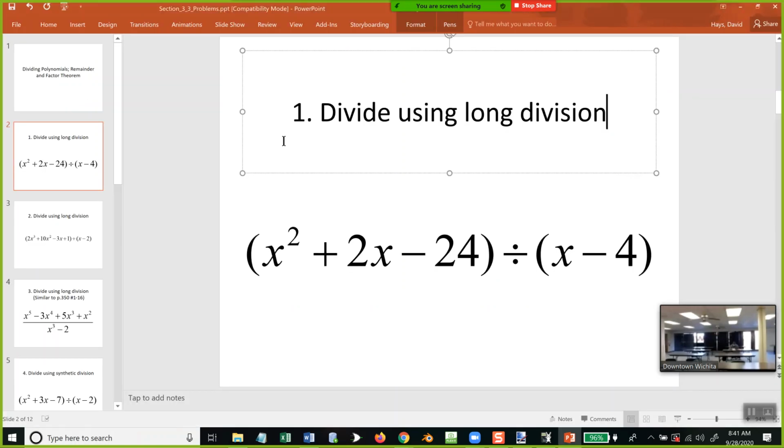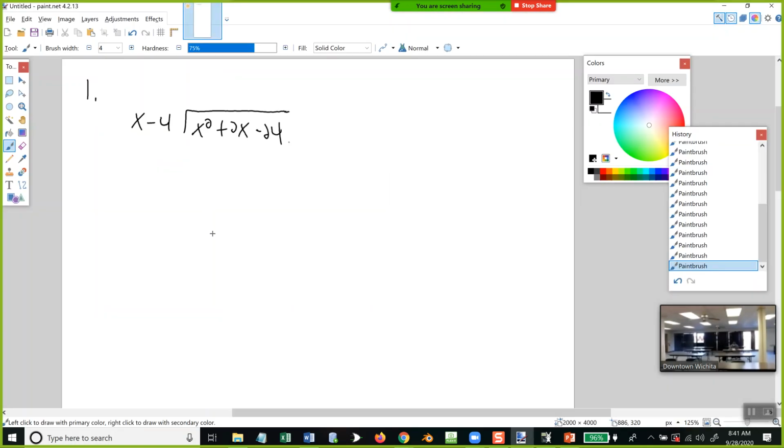And it says divide using long division. Some books call it polynomial division. Now, when you're doing long division, you take a look at the first term of each, decide what goes up on top. You ask yourself, what times x gives you x squared? And that'd be x.